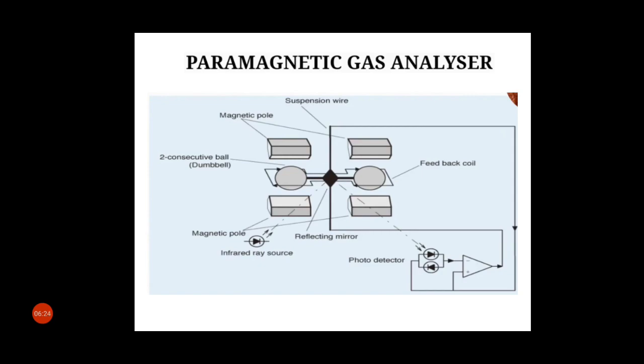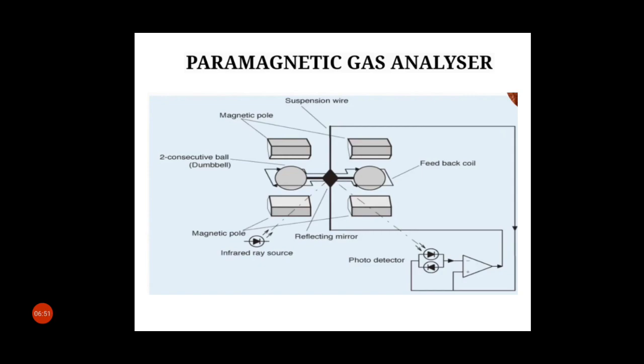When the mirror rotates, the reflection of the light varies, and here we have a photodetector. We have used an infrared light source.